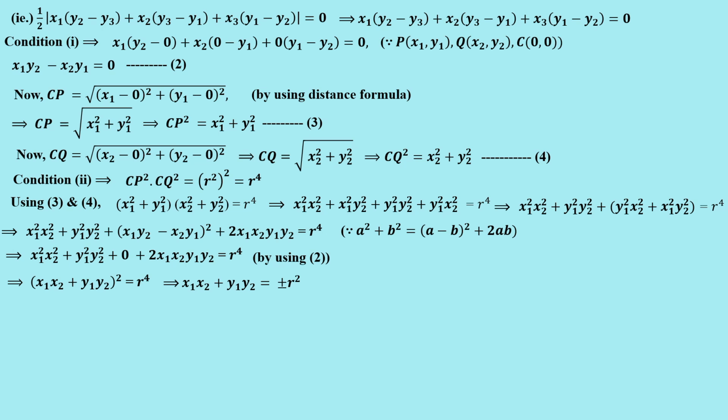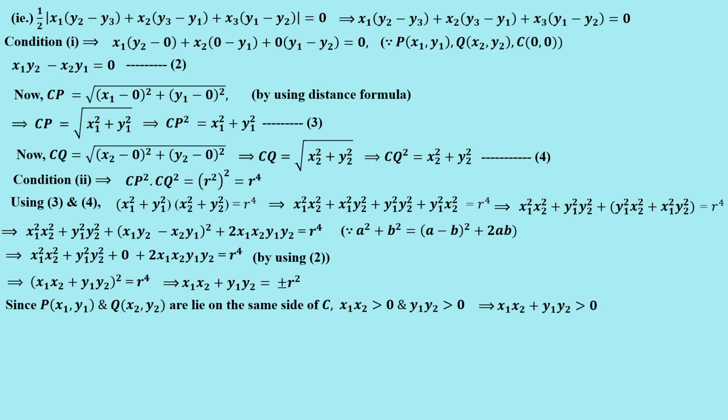Taking square root on both sides, x1 x2 plus y1 y2 is equal to plus or minus root of r power 4, that is plus or minus r square. So if P(x1, y1) and Q(x2, y2) lie on the same side of C, then x1 x2 is greater than 0 and y1 y2 is greater than 0. If it is the same side, therefore x1 x2 plus y1 y2 is greater than 0, right? Suppose it is on the negative side, both are negative: minus x1, minus x2, similarly minus y1, minus y2.